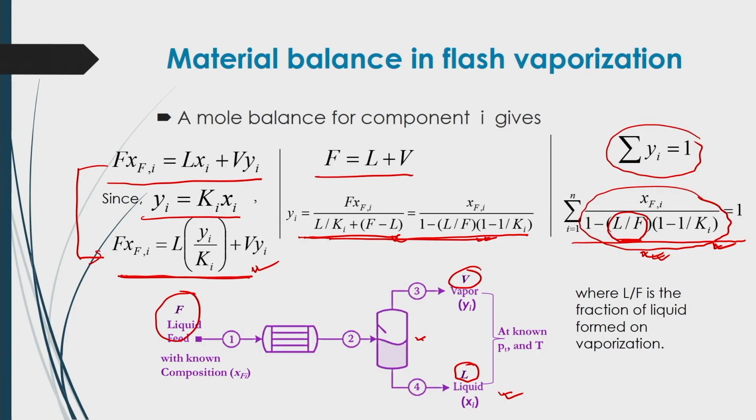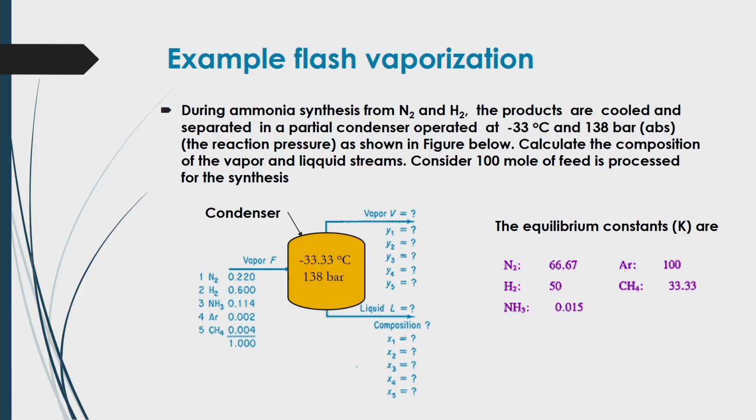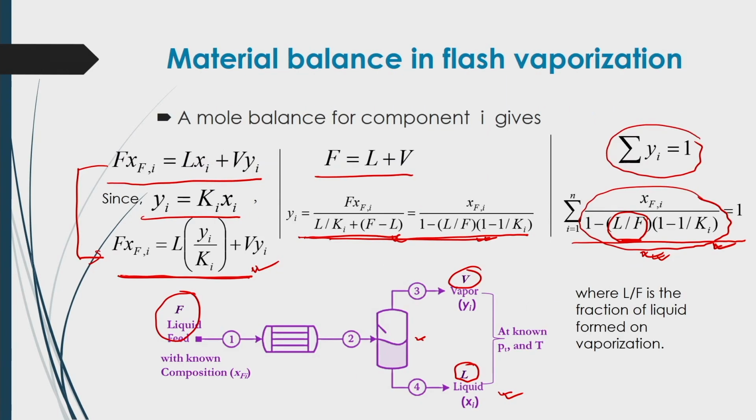So at that particular condition, your value of liquid and feed amount will be known, and you can also say what the composition will be there. According to that, you can have the composition in the vapor phase and liquid phase. So this is basically depending on the overall material balance.